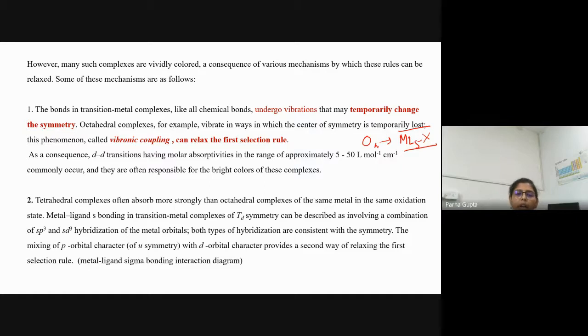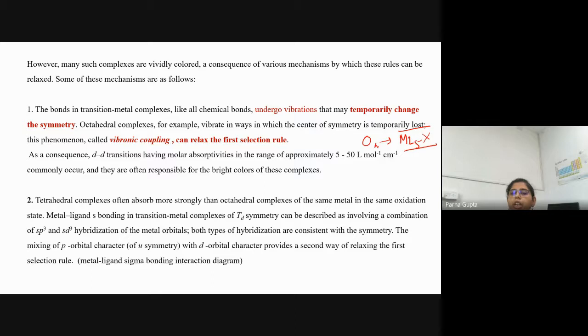Now I shall come back at the end. In the second case, the Laporte selection rule is also relaxed. The first thing is that if you remember, for tetrahedral complexes we do not show any g or u term.